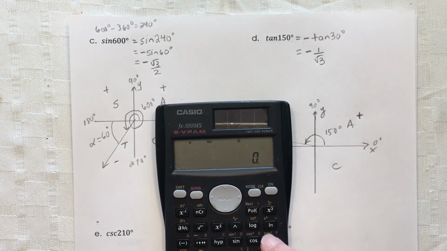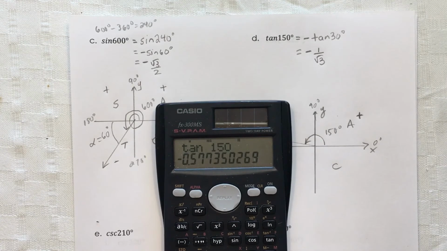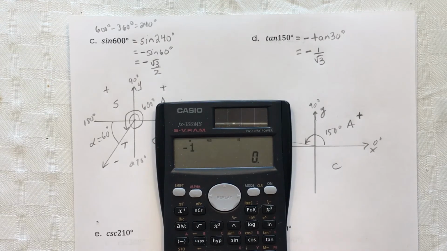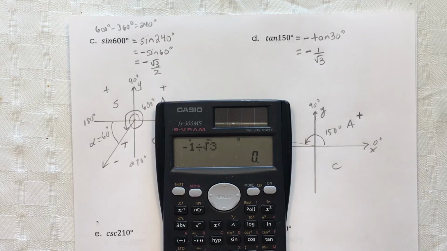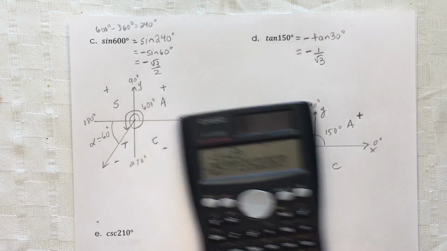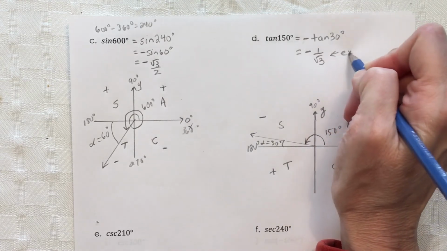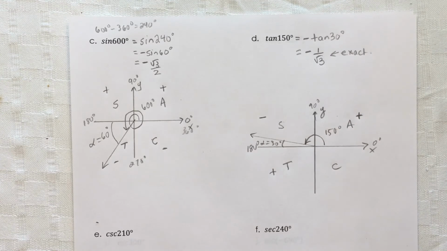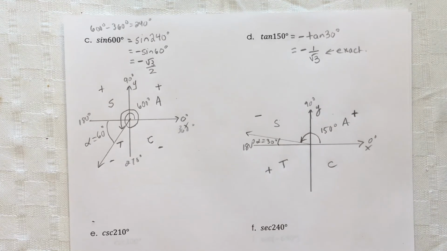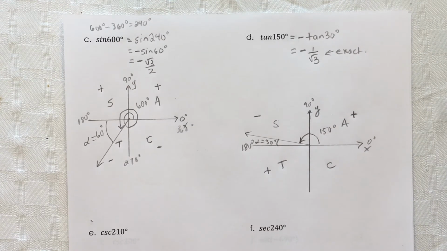The tangent of 150 is negative 0.57735. And then let's try negative 1 divided by the square root of 3, negative 0.57735. Okay, and again, this is exact. And that's why we're spending this time doing it this way, to get the exact value without using a calculator.